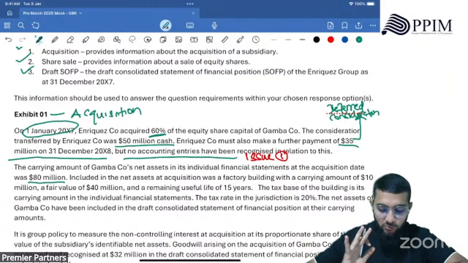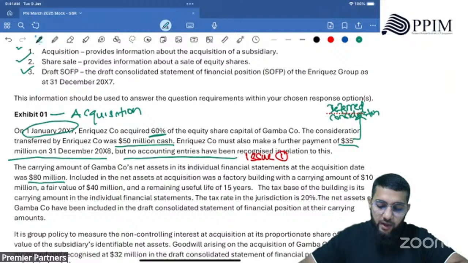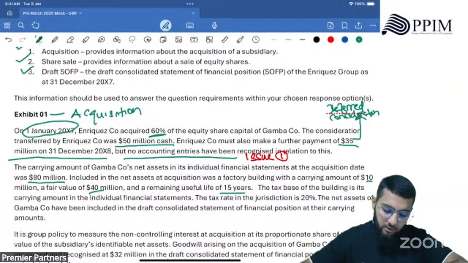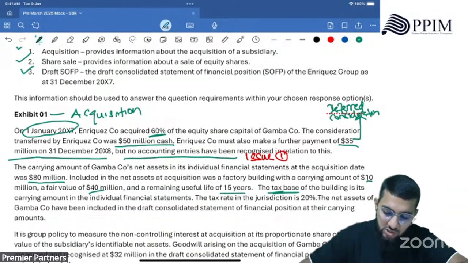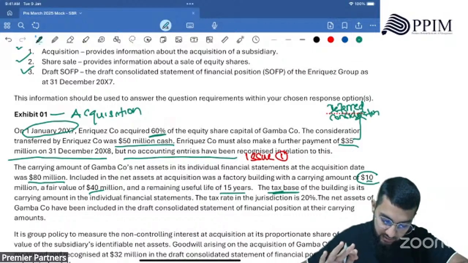To calculate goodwill. Included in the net assets at acquisition was a factory building with a carrying amount of 10 million, a fair value of 40 million, and a remaining useful life of 15 years. The tax base of the building is its carrying amount in the individual financial statements, meaning the tax calculation has also been based on 10 million.